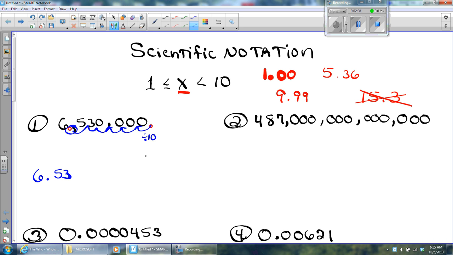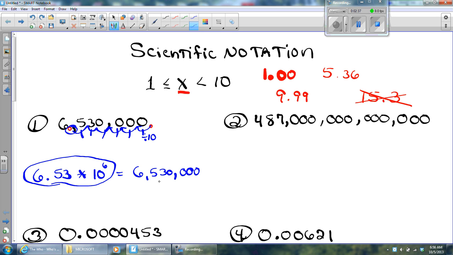So to cancel out all that division we just did, we're going to multiply by a power of 10. What power of 10 do you ask? Well, how many times did I divide by 10? 1, 2, 3, 4, 5, 6. So what I'm telling you is that these two numbers are equal to each other. They are the same number in disguise, right? This is the version of it in scientific notation. This, by the way, we call standard notation.